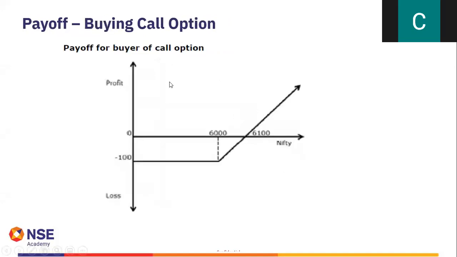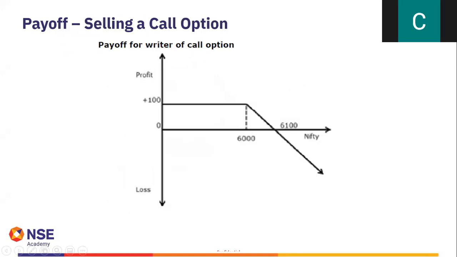Why? Because in this case, if the price is falling beyond 6,000, the buyer will not execute the contract and he will simply lose 100 rupees. So that 100 rupees will be the seller's gain. He will be hoping the price falls and he will be booking a fixed amount of profit.